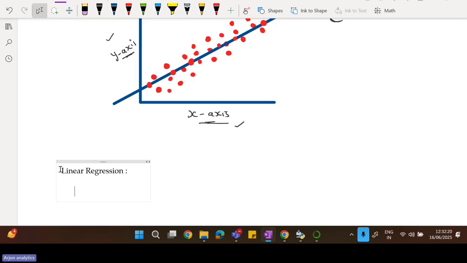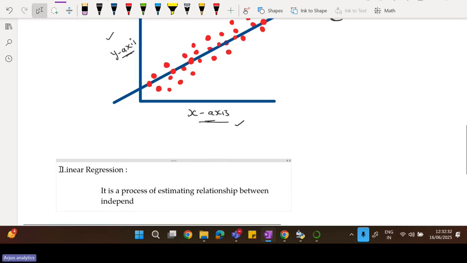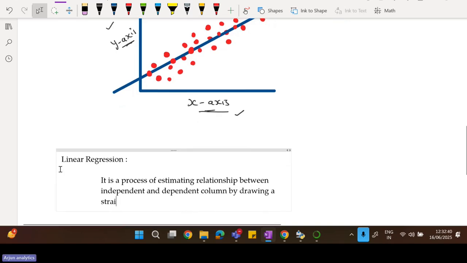What is linear regression? It is a process of estimating the relationship between independent and dependent column by drawing a straight line.